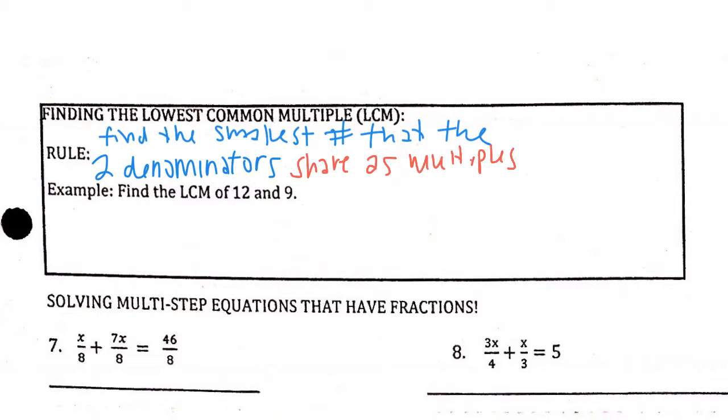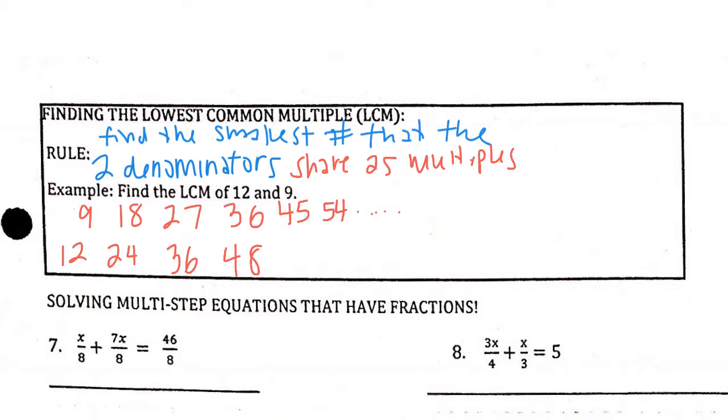So when we find the least common multiple of 12 and 9, we are going to list out their multiples. So 9, 18, 27, 36, 45, 54, and that keeps on going. And the multiples of 12 are going to be 12, 24, 36, 48, and those keep on going.